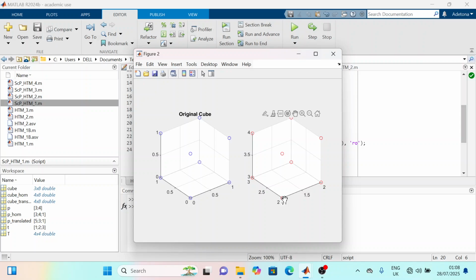And as I've told you, by the time you place your cursor here, it is going to show you the content of everything here. That is the coordinate that forms that point, and it shows that at that point, our x is 1, y is equal to 0, z is equal to 0, which is one of the coordinates here.